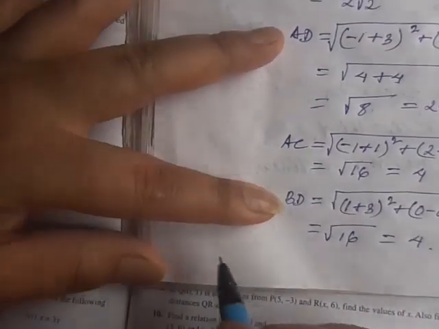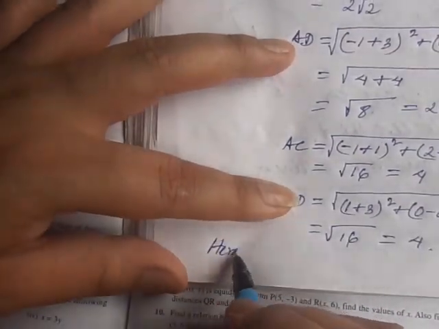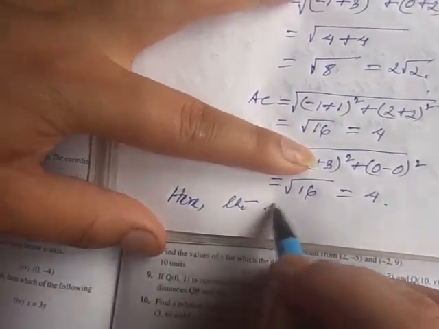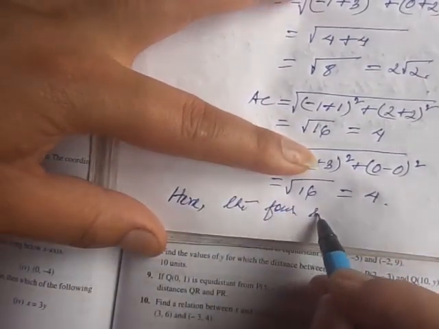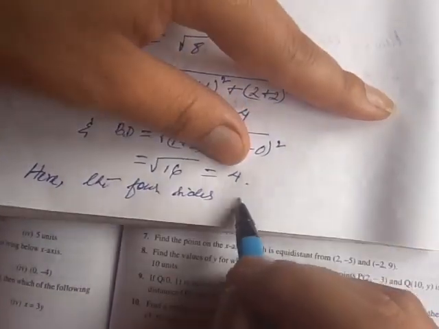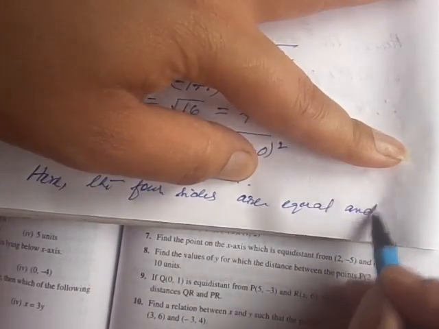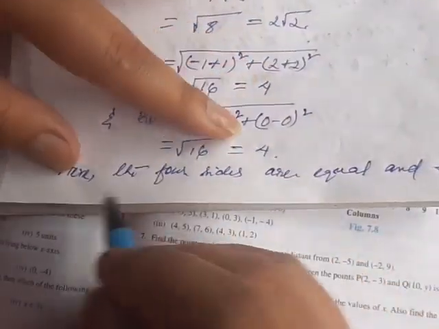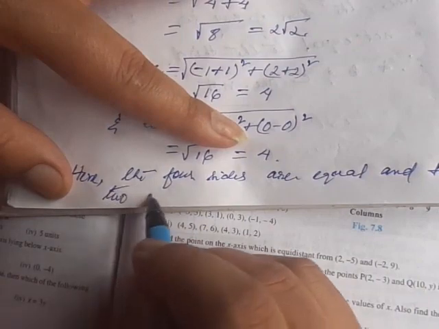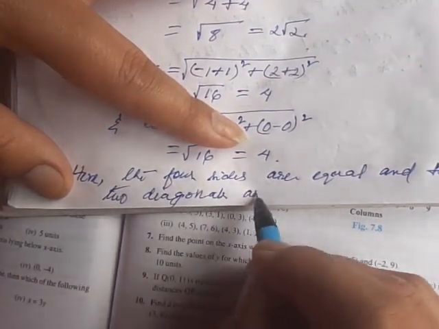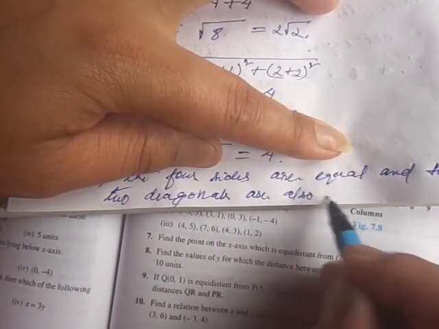That is, you can say the 4 sides are equal and the two diagonals are also equal.